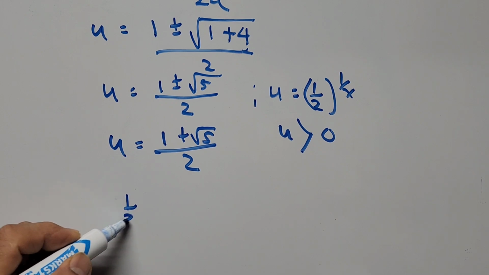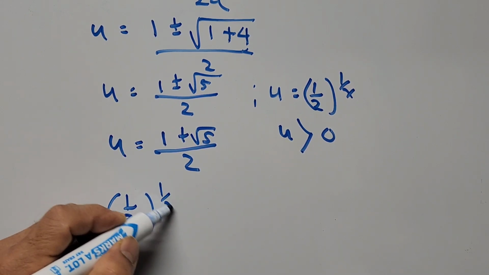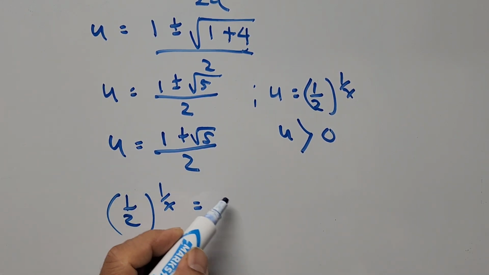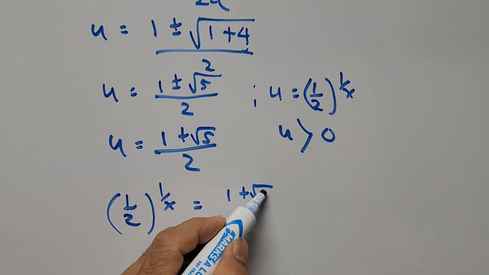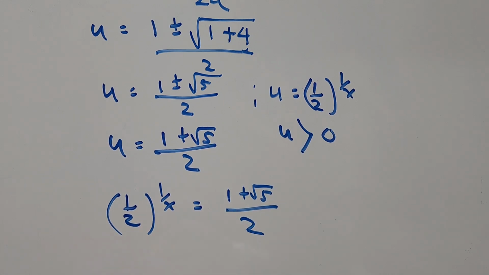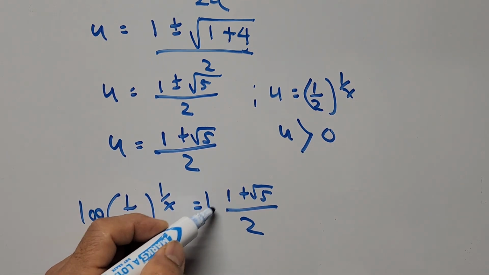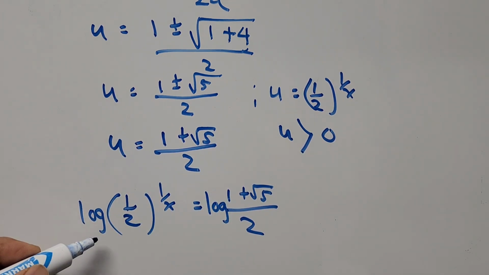So we have 1/2 to the power of 1 over x is equal to the value of u, 1 plus square root of 5 divided by 2. Taking the log of both sides of the equation, or natural logarithm, it's the same way. Logarithm base 10, natural logarithm is base e. So we just take log for simplicity.